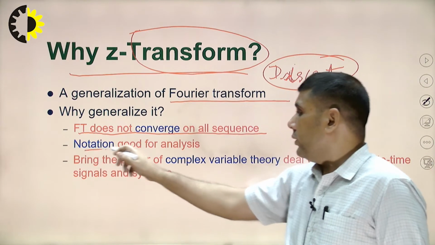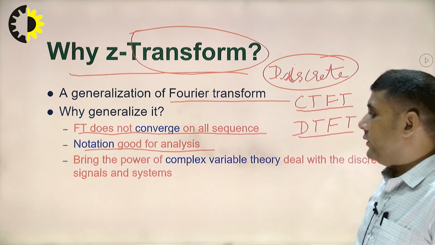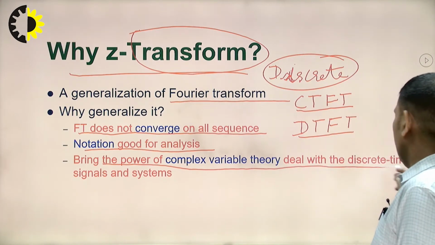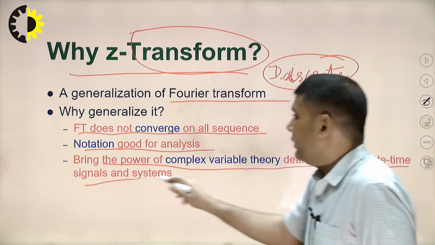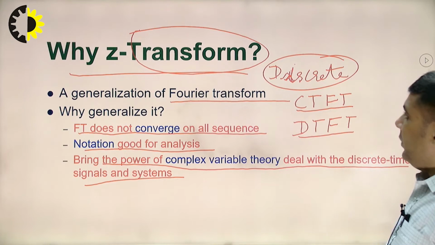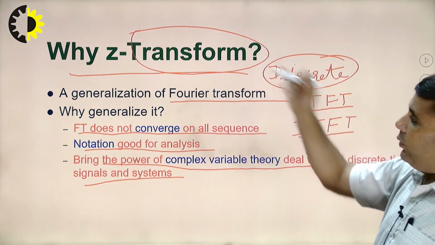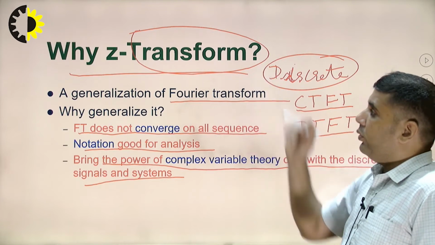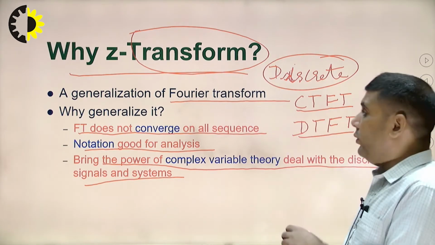The notion is good for analysis and brings the power of complex variable theory to deal with discrete time signals and systems, and if we do the same with the help of the Z transform, then it converges for all values.